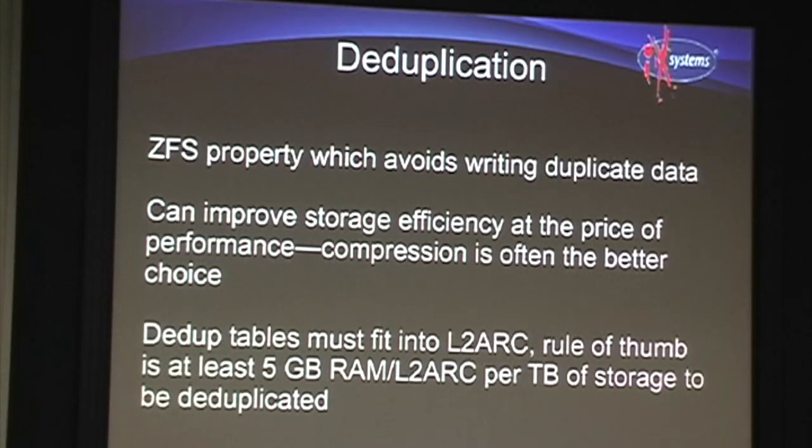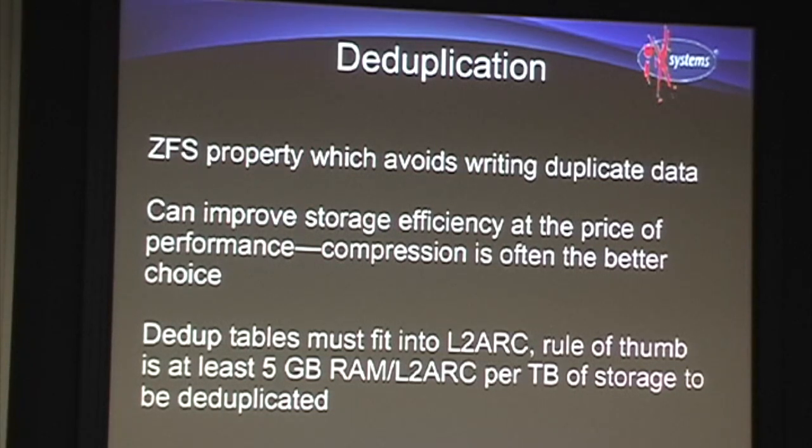The other property that a lot of people were waiting for, and then they realized it wasn't quite what they wanted when it finally came, was deduplication. So deduplication on the surface sounds really cool. Basically, ZFS will try to avoid writing duplicate data. So if you're doing things like creating a lot of virtual images, you have a lot of duplicate data.